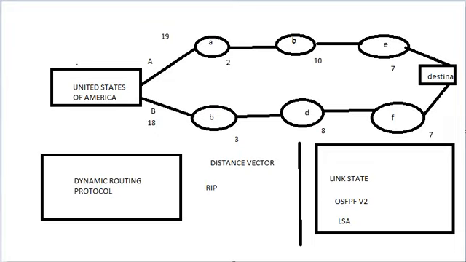So we use something called a dynamic routing protocol, and there are two categories of dynamic routing protocol. One is the distance vector routing protocol, which is not very smart. It's a basic idea, but it takes into consideration the hop count and doesn't take into consideration the cost. With RIP version 2, it's just counting the number of hops, the number of routers between here and there, and that's it.